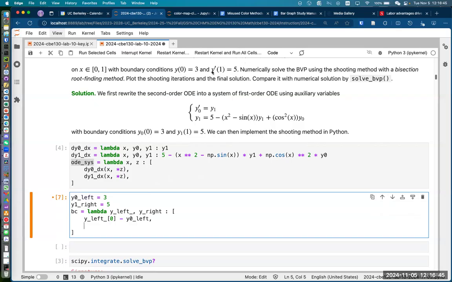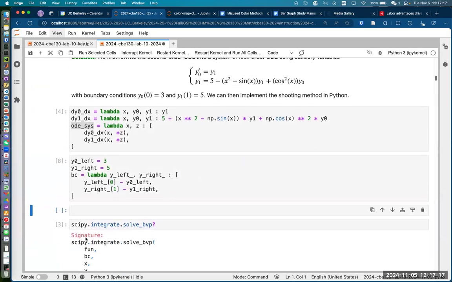On the right boundary, we have y prime of 1, so that will be y right, index 1. This 1 means that it's the first derivative, minus 5, and 5 is y1 right. When you define these, you should be able to see these are consistent. These are the locations, left and right, and the index is whether it's the original function or the first derivative.